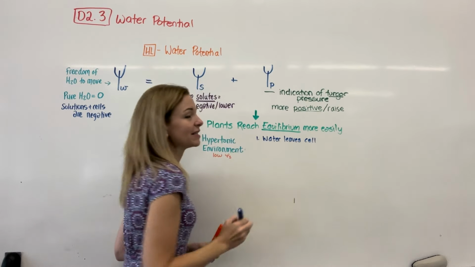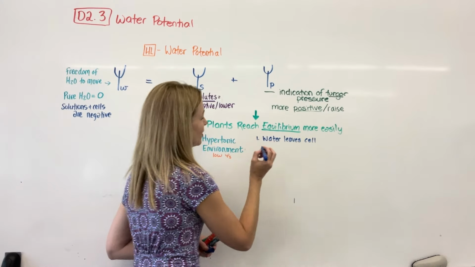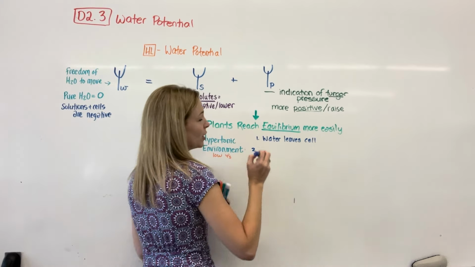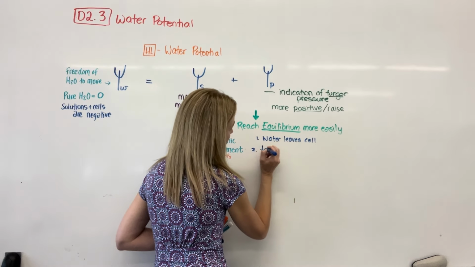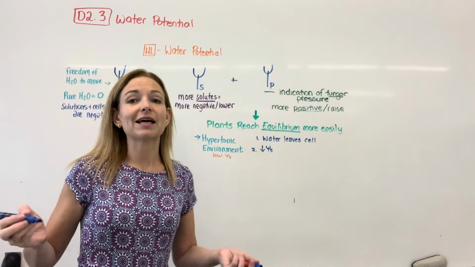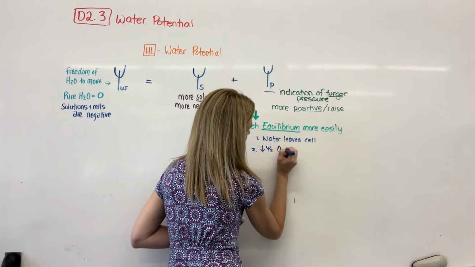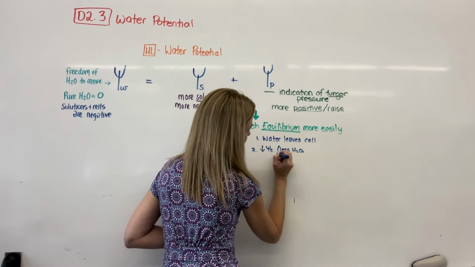When water leaves the cell, that is actually going to do two things. So water leaving the cell is going to increase the solute concentration. So it's actually going to cause the solute potential to go down because there's less water. So it's going to get more negative.